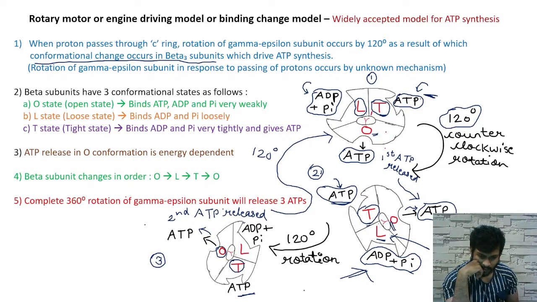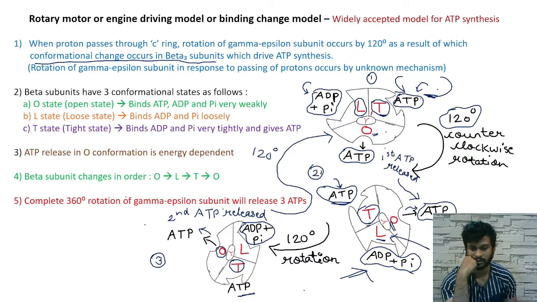So here in the third diagram, ADP and IP was weakly bound with the L state. But now this L state is getting converted to T state. And we know that in T state, ADP and inorganic phosphate are held together tightly, due to which ATP synthesis will occur. So we can observe ATP synthesis.